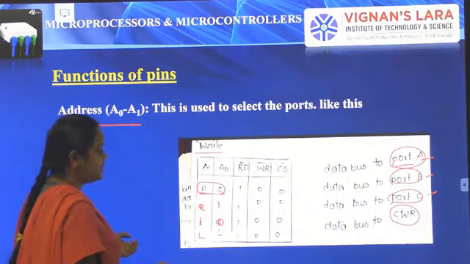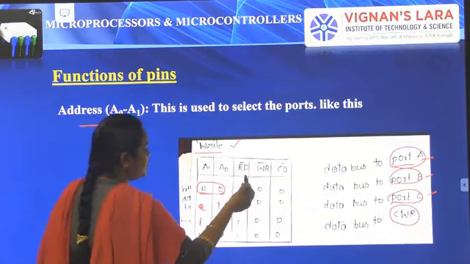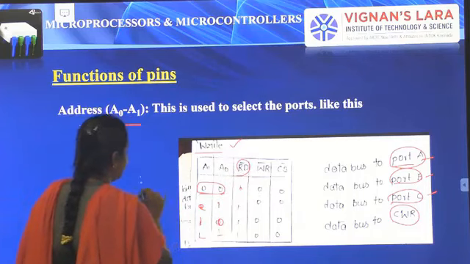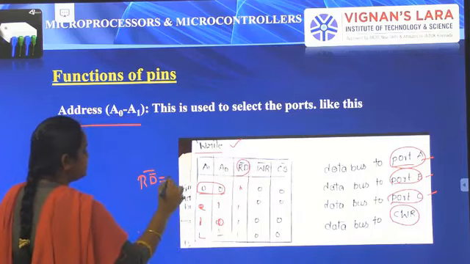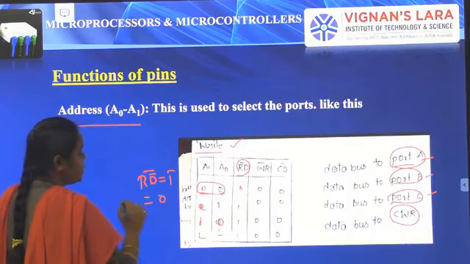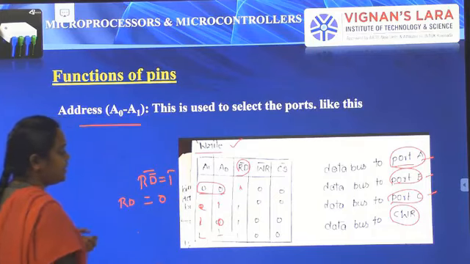Okay, and for RD bar, in the write operation, RD bar becomes 1, that means the read operation is disabled. This is the write operation now.